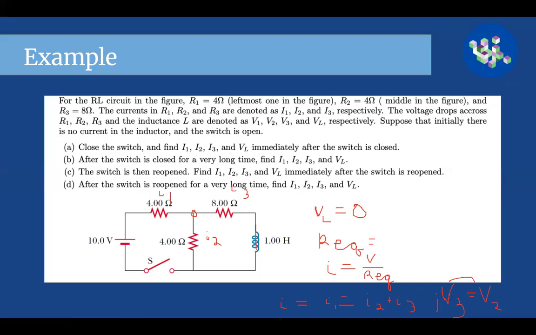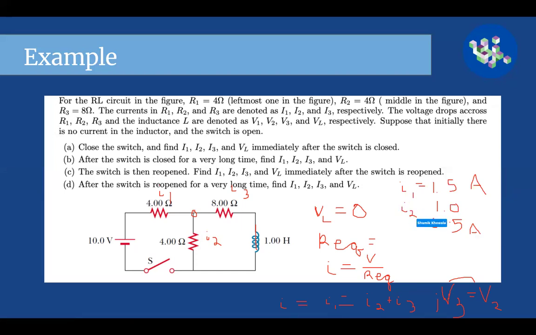If you want to check your answer, you should get I1 is 1.5, I2 is 1.0, and I3 is 0.5.